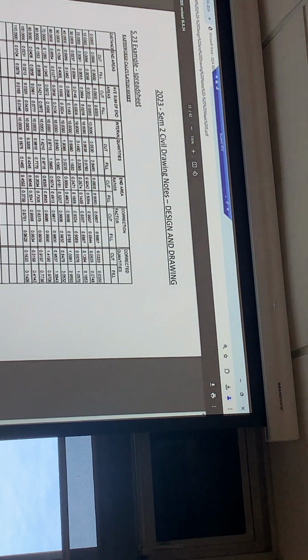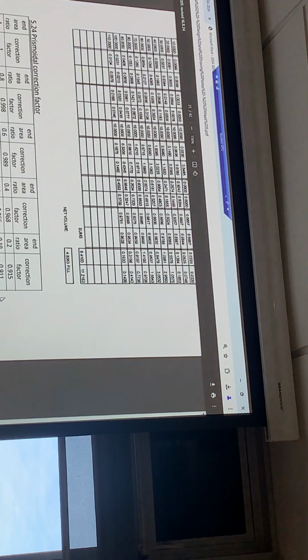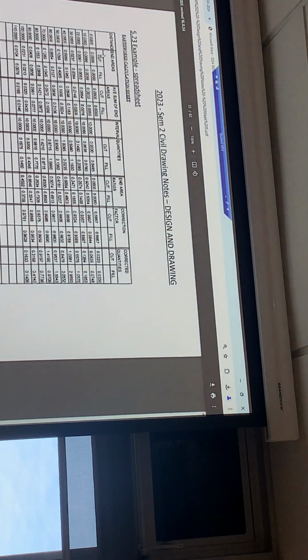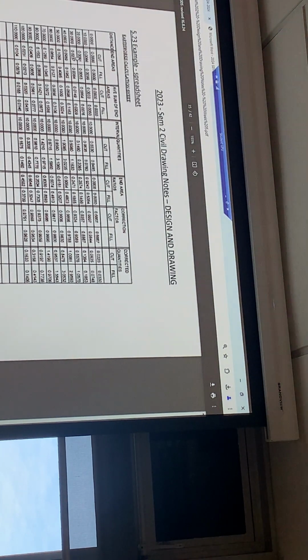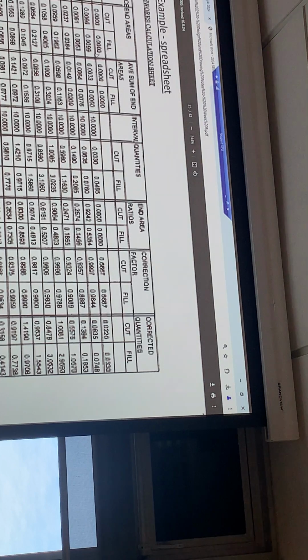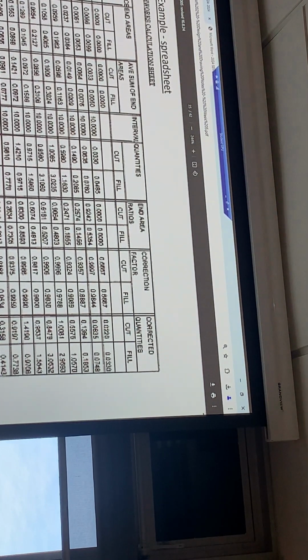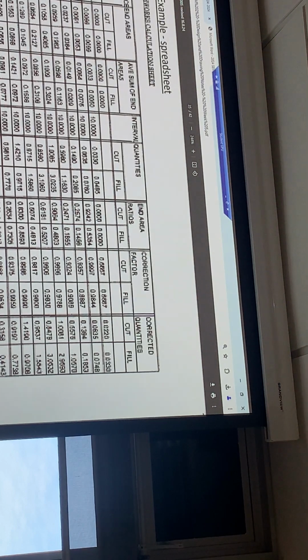And this is my famous prismoidal sheet, which we're going to do a class exercise on, and I'm going to show you the sheet in more detail. This is only a screenshot of it. So we have the distances, we have the end areas, which is the ones at the other end there. We have the average sum of the end area, which is a calculated number.